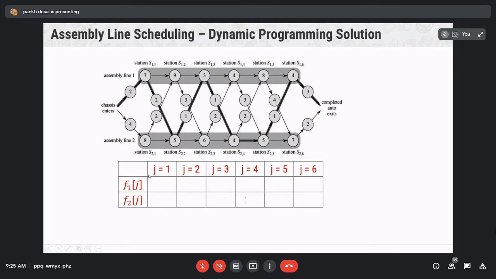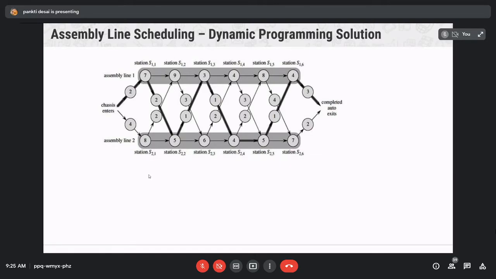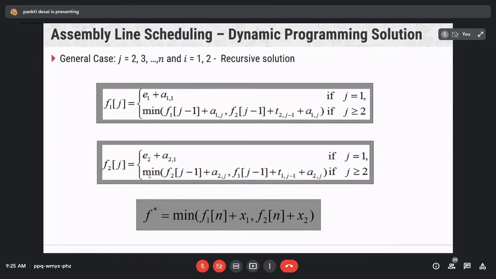Now for j equal to 1, which equation do we have to use? E1 plus A11 and E2 plus A21.